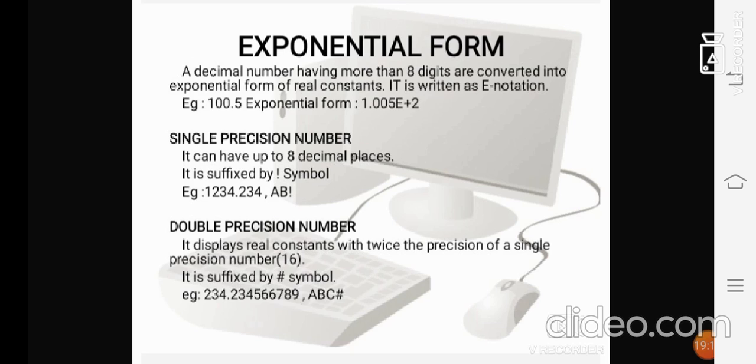This is only a single position, but double position displays the real constants with twice the position of a single position number, and it's suffixed by a symbol. Single is only a single number, but for double position it's converted into double numbers. So this is the example of an exponential form.